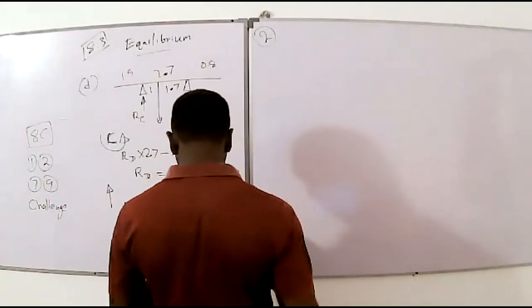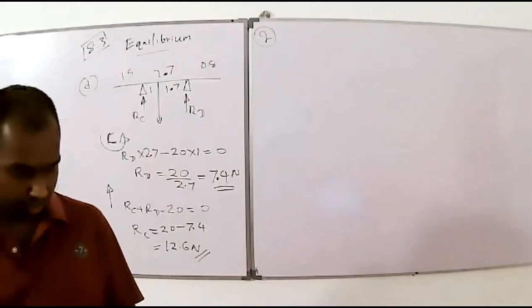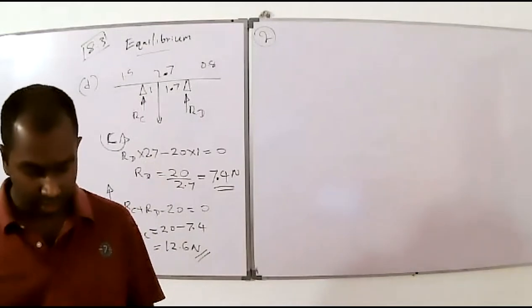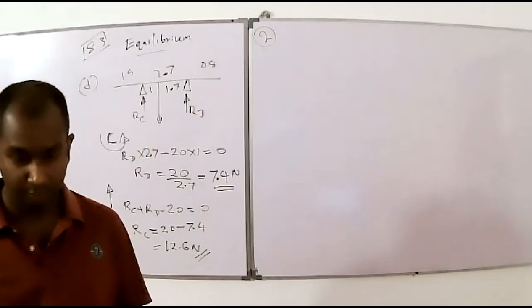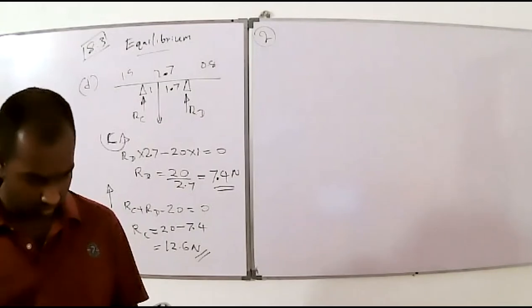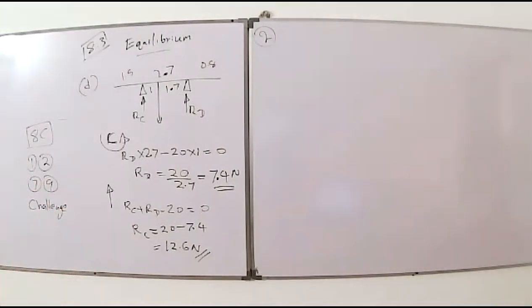So, what is part two? In each of these diagrams, it shows a light rod in equilibrium in horizontal position under the action of a set of forces. Okay, find the values of the unknown forces and the distances. So you have x and y.